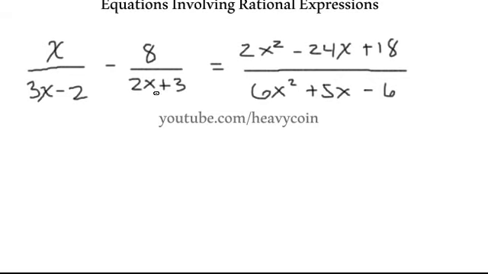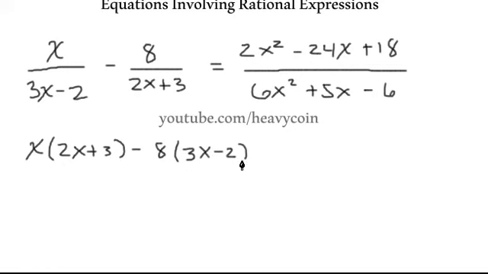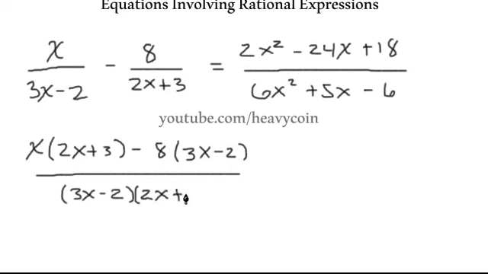First thing I'm going to do is get a common denominator over here. So that means I'm going to do that shortcut thing, do the cross multiply deal. 2x plus 3, I'm going to multiply that by the top. So we have x times 2x plus 3 minus 8 times, that would be this denominator here, 3x minus 2, and that's going to be all over, and we're multiplying both these together, 3x minus 2 times 2x plus 3, and that's going to be equal to all this stuff up here.